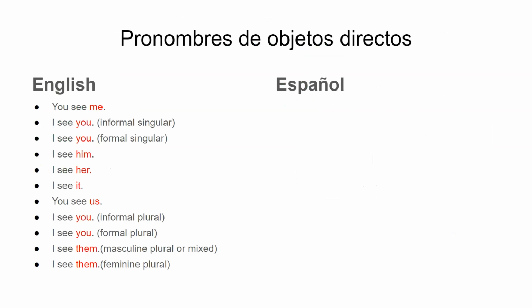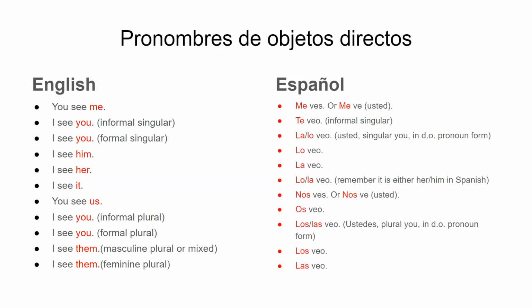So pause the video again, translate these, and then come back and see how you did. Me ves, or me ve usted, depending if you chose the tú or the usted form. Te veo, that's the informal singular. La veo, if I'm talking to a woman, or lo veo, if I'm telling a guy I see him. Lo veo, I see him. La veo, I see her.